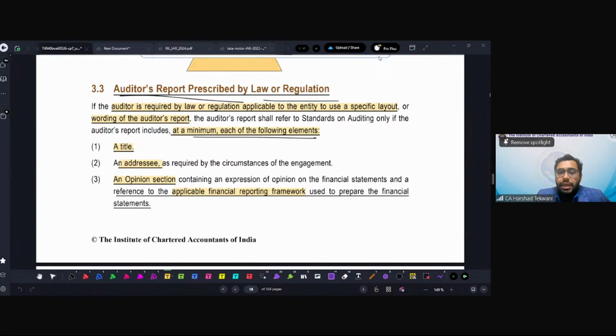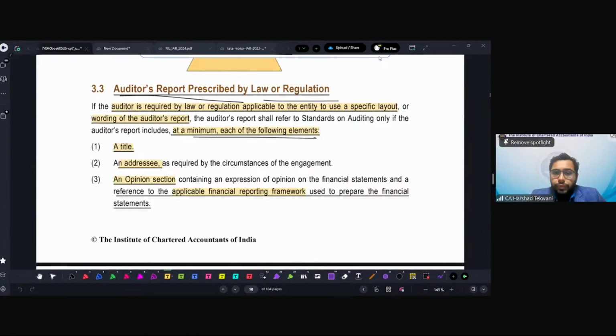In that case, the question is whether you are required to issue audit reports together, with both opinions in the same audit report. One audit report cannot have two different kinds of opinions. That is for sure. That time we need to issue a separate report.